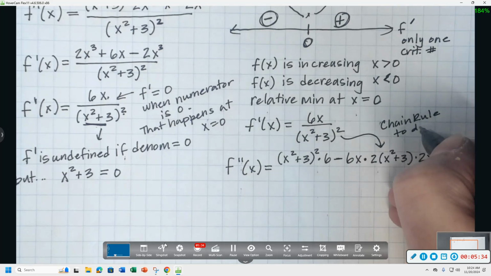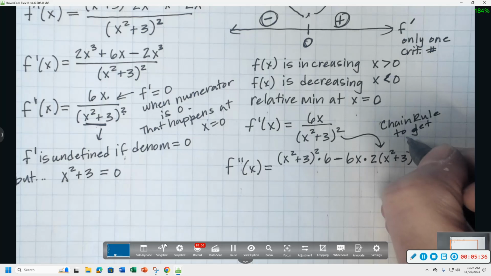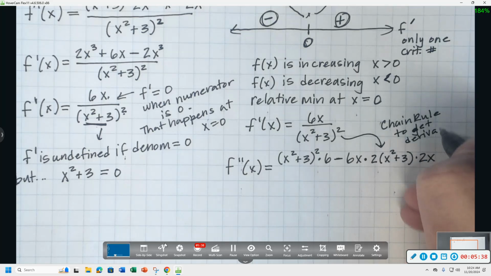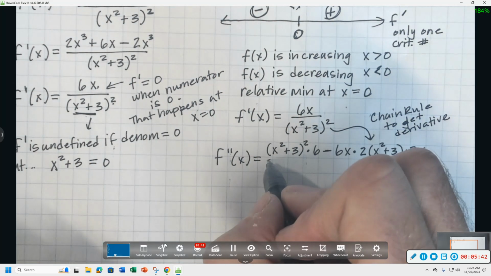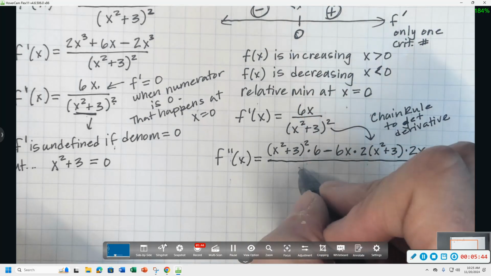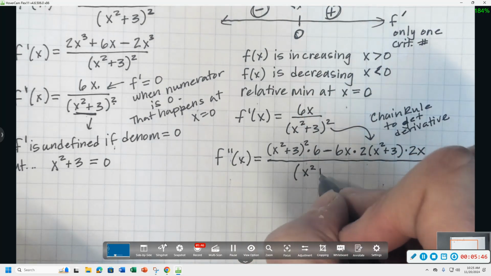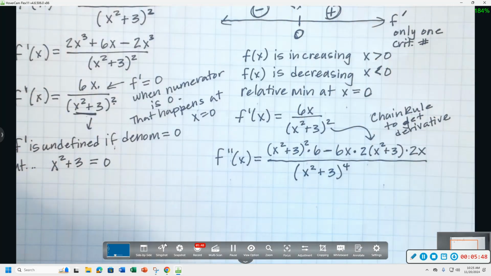All of that divided by x squared plus 3 to the fourth, because I'm squaring that.